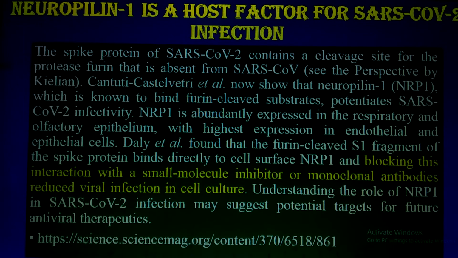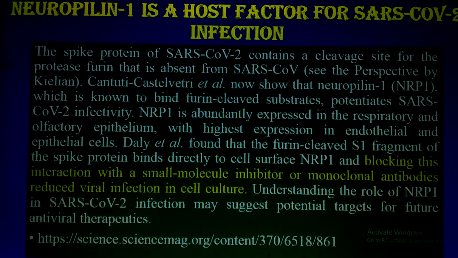Now what will happen when the spike protein is cleaved by furin? NRP1 is abundantly expressed in the respiratory and olfactory epithelium, with highest expression in endothelial and epithelial cells. The furin-cleaved S1 fragment of the spike protein binds directly to cell surface NRP1.